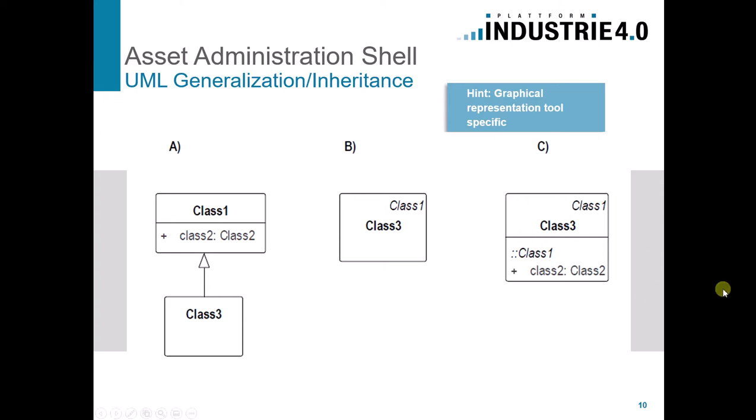This is a little bit specific for Enterprise Architect, the tool that was used for modeling the asset administration shell meta model. This means that class 3 is inheriting all the attributes of class 1. And here you see how it's denoted if you make it explicit what was inherited from class 1.